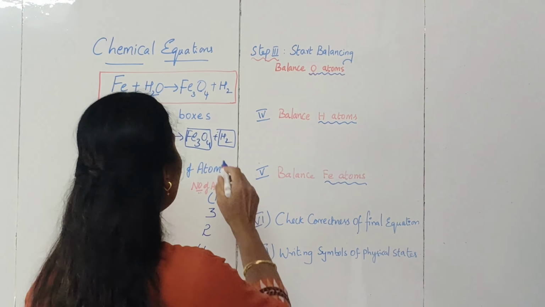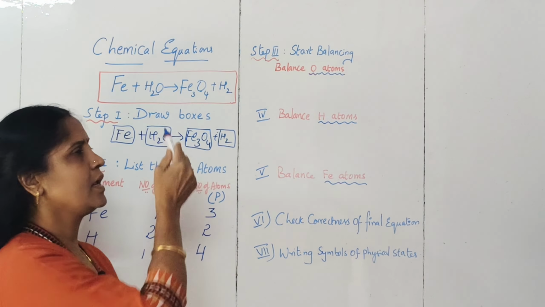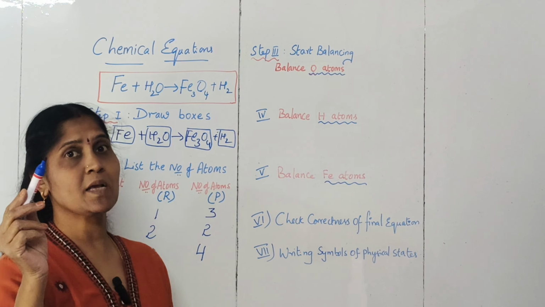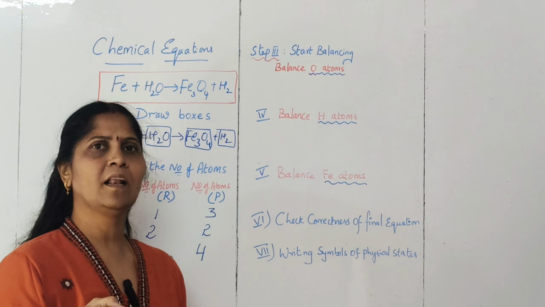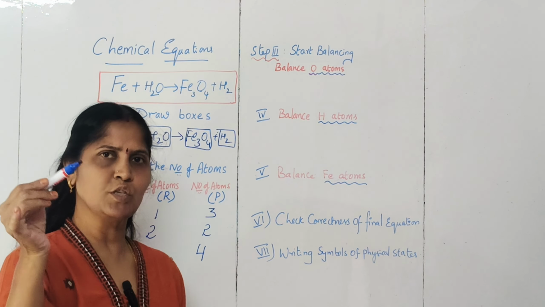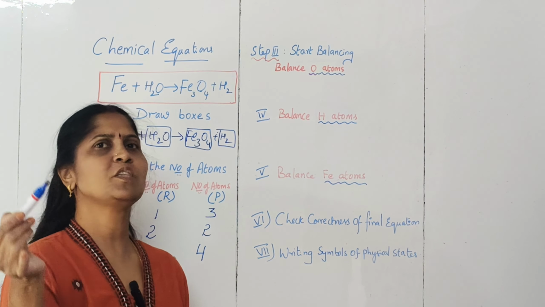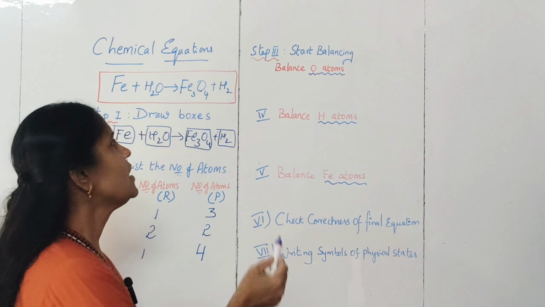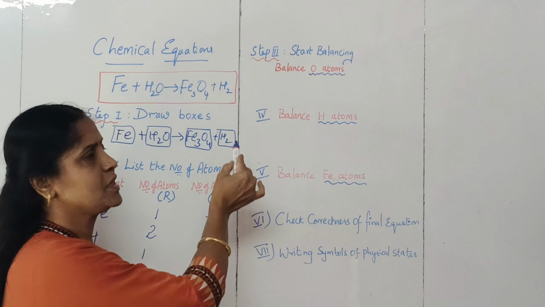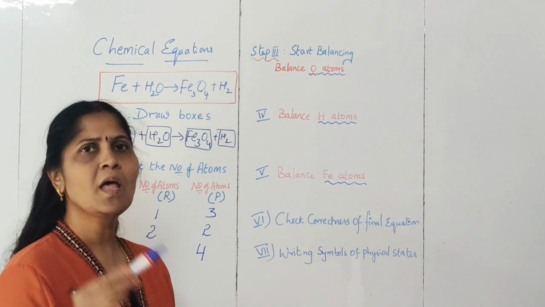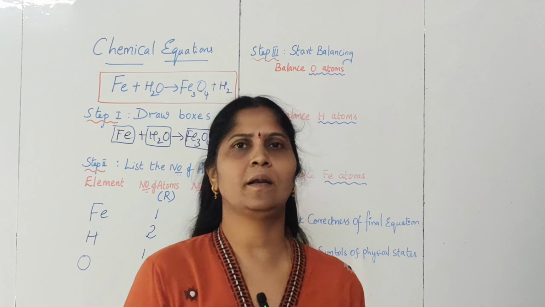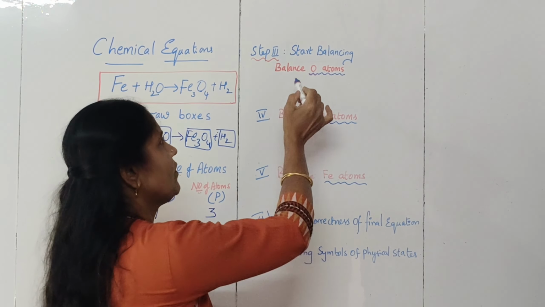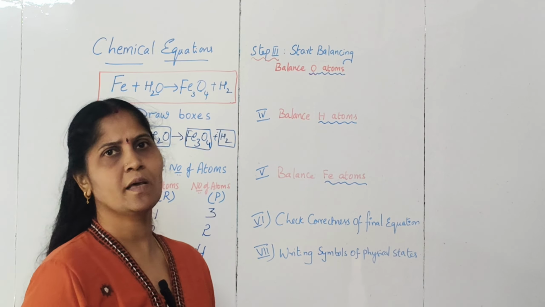In this equation, the compound which is having maximum number of atoms is Fe3O4. In that compound, we have to check for the element which is having maximum number of atoms. Here the element is oxygen, and we will start our balancing with that element. So that's why we have started our balancing with oxygen atoms here.